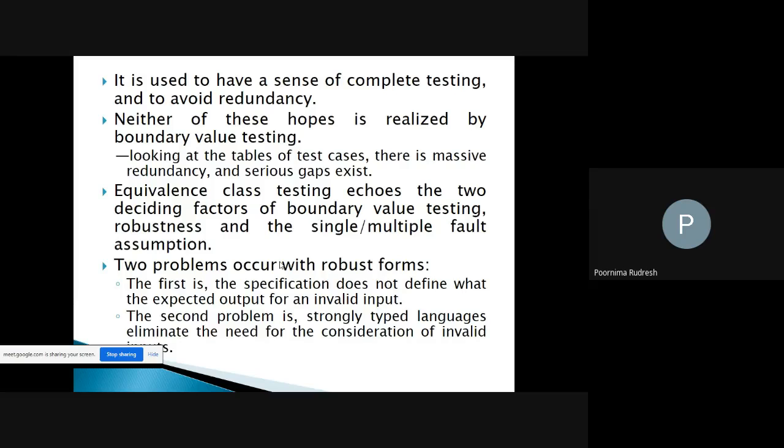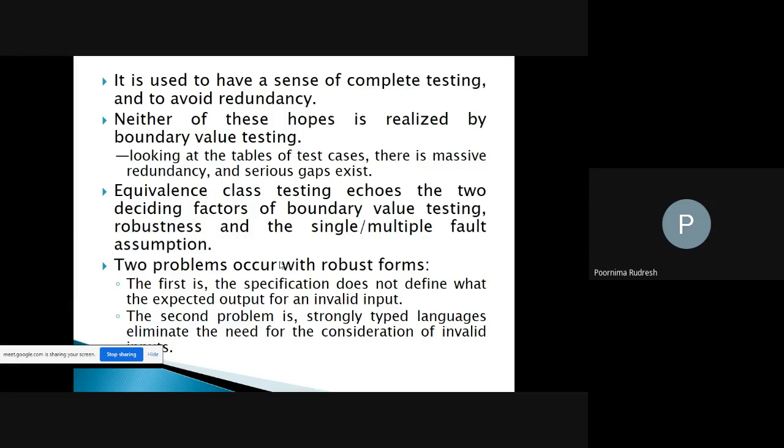So in this chapter, we are going to study what equivalence class testing is and why we use it. You will study the disadvantages or limitations of boundary value analysis testing, which we want to overcome by using equivalence class testing.